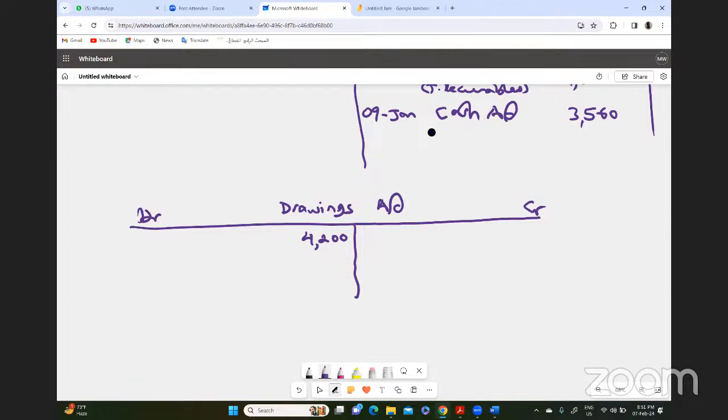So we are debiting drawings. That is on 14th. We are using the word bank, 4.2. Then we go to the bank account.